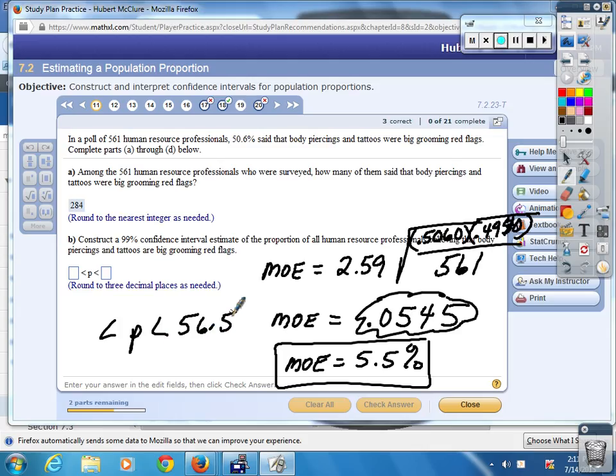And 51% minus this would be 46.5. Somebody check me. I think that's about right.